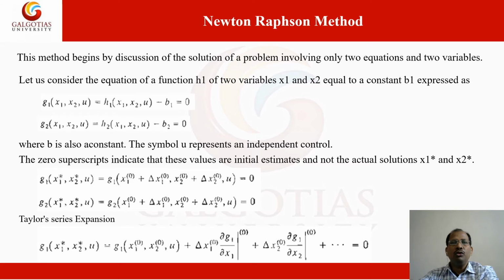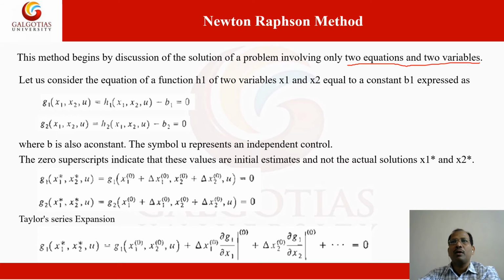As you know, if the number of variables is unknown, we require at least the same number of equations to solve them. Suppose two variables, then we require two equations. So two equations, g1 and g2, these two nonlinear equations.